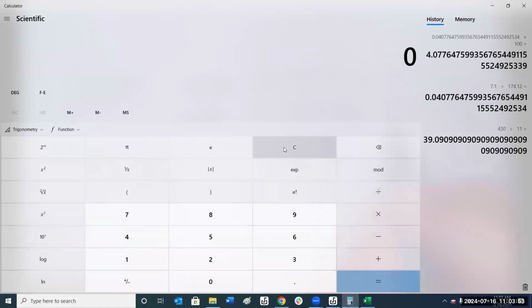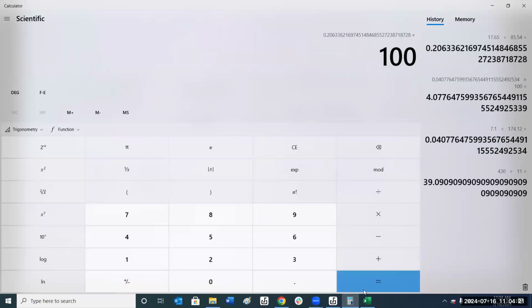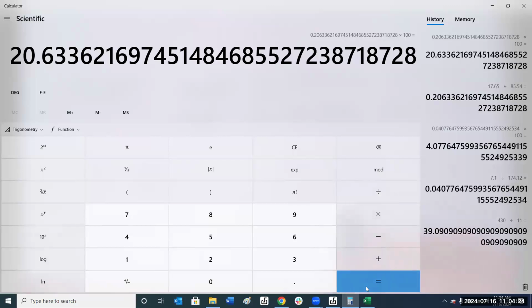And the other one, the standard deviation is 17.65 divided by 85.54 times 100, which is 20.6%.